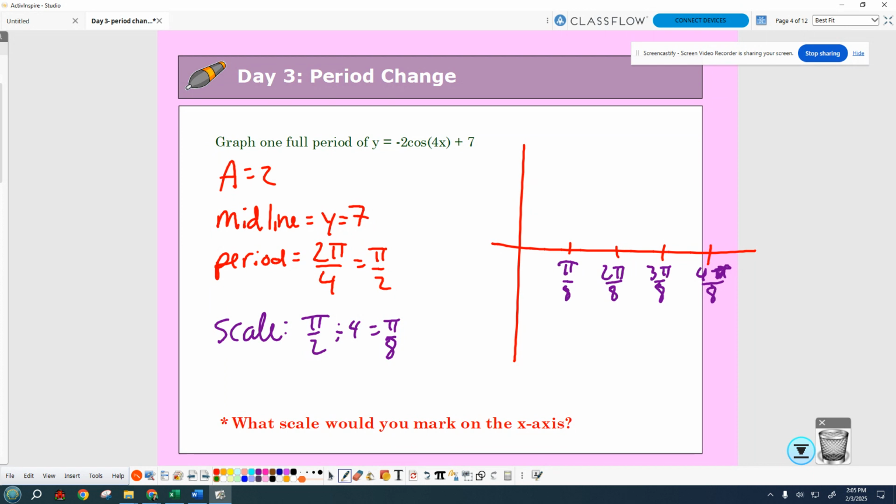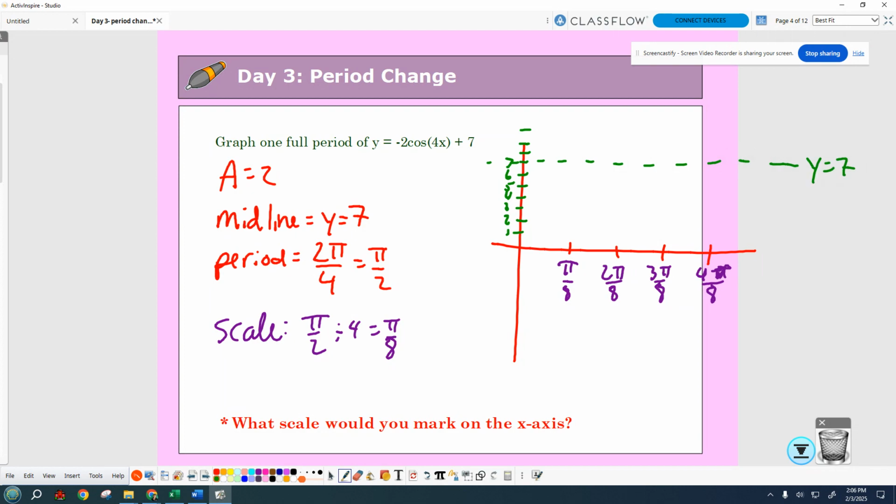So it's negative cosine, so you can start at the bottom. Okay, height-wise, where is that gonna be? 5. Well, so I'm gonna draw my midline.